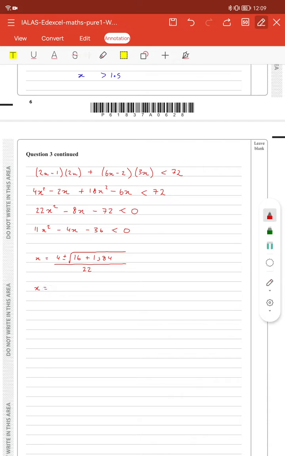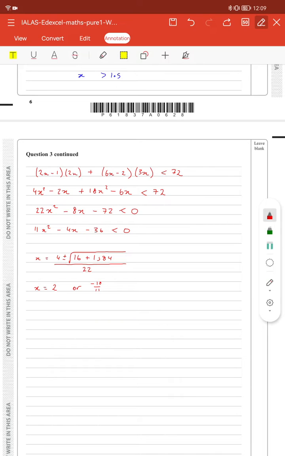So x would either equal plus root 16 plus 1584 over 22, would either equal 2, or x would equal minus 18 over 11.